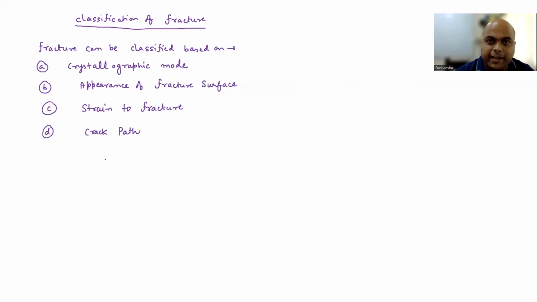So let me make a table so that you can understand how we are defining the different classes of fracture using these four criteria. So first is, let's say, behavior. Okay. Then the terms we are using.